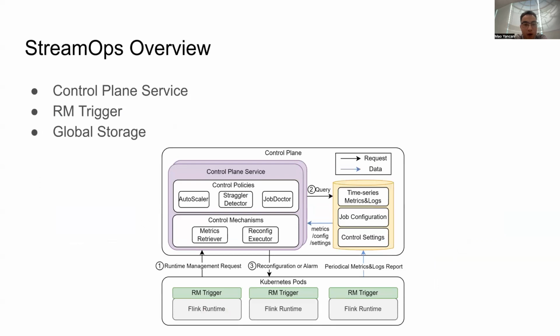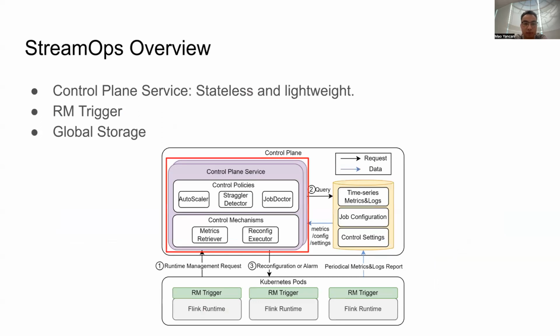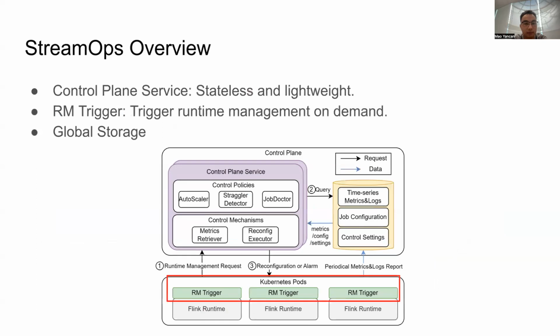We combine all our design decisions and then develop StreamOps to provide cluster-wide runtime management for streaming jobs in ByteDance Cloud. It features three components: control plane service, runtime management trigger, and global storage. The control plane service is stateless and can be flexibly scaled to multiple parallel control plane instances.